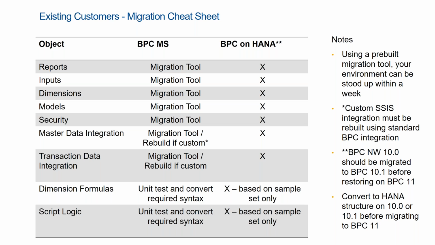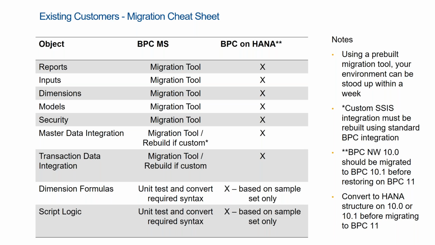Next column, BPC on HANA. If you are a legacy BPC NetWeaver shop, not on HANA, and you're on 10.0, you need to migrate to 10.1 first before you go to 11.